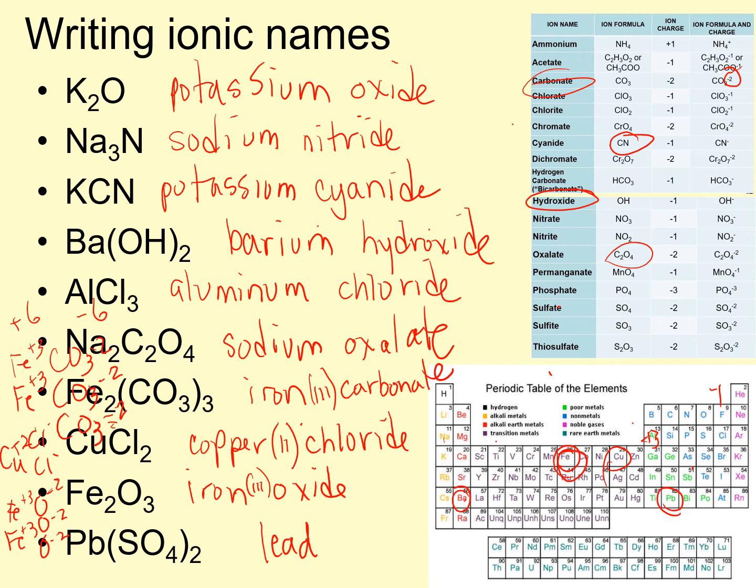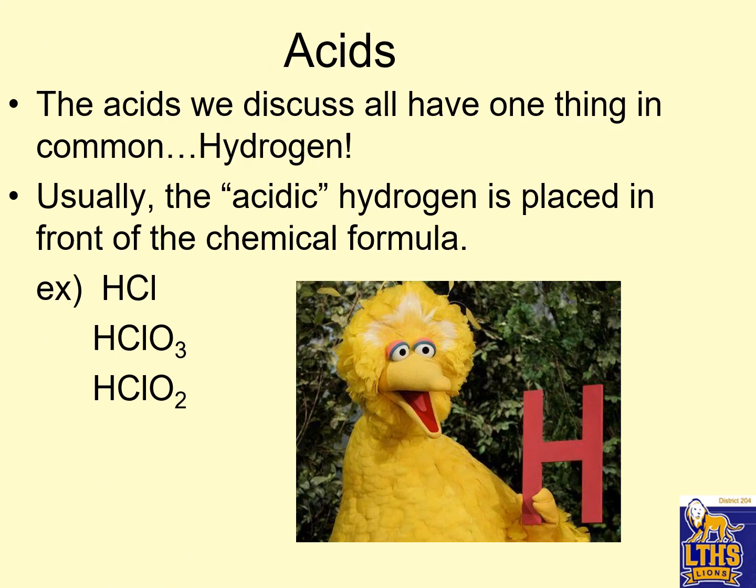Lead is not in always, and then SO4, sulfate. All right, and this is a -2. Oh, write them down. Wait, I don't have room. SO4, SO4, there's 2 of them. It's -2 each time, and there's only 1 lead, so lead must be a +4. Lead, IV, sulfate.